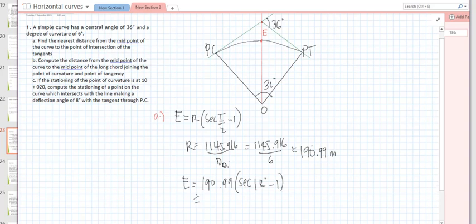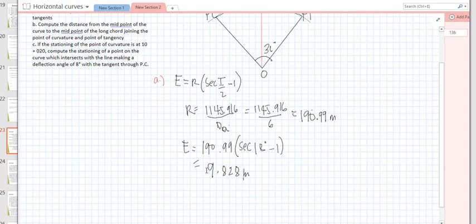So E is equals to 190 point secant of 18, 18 minus 1. So that is equals to 9.828 meters.